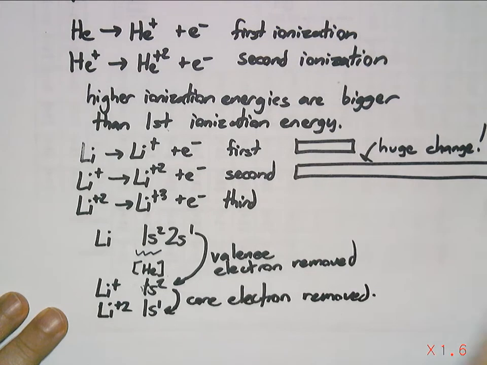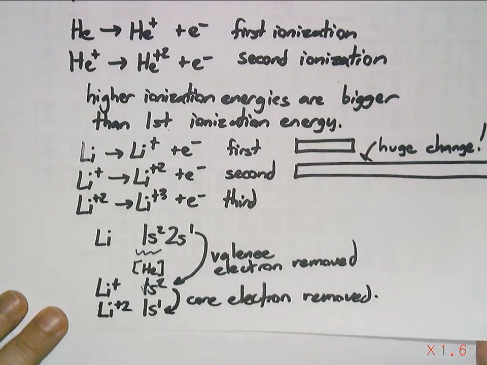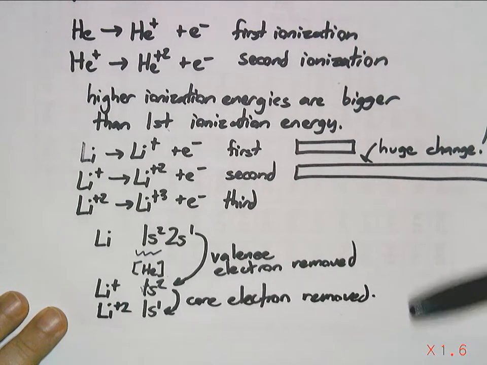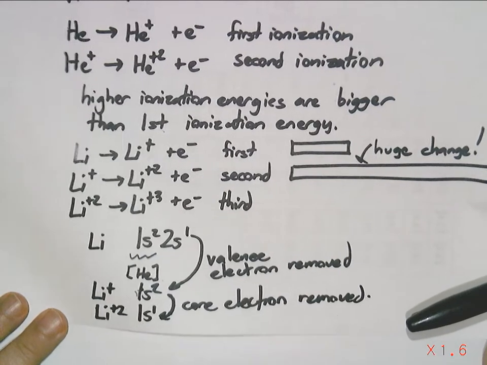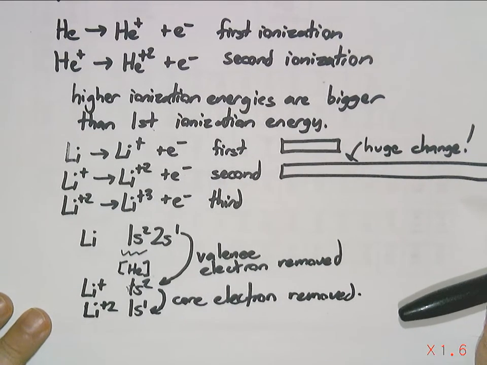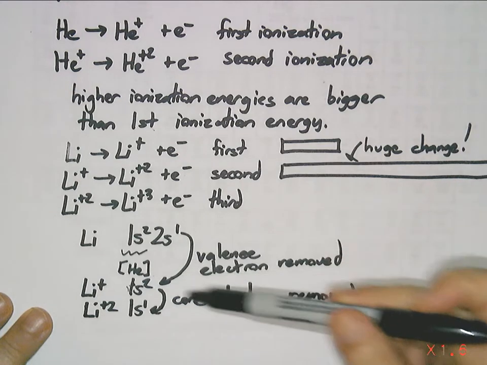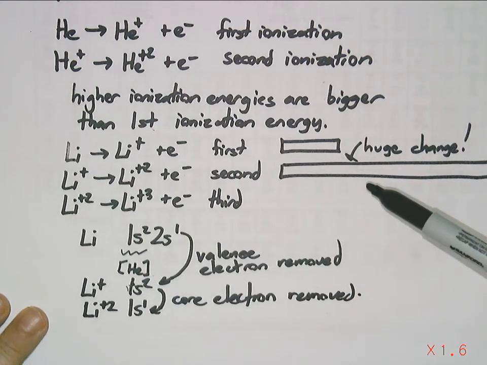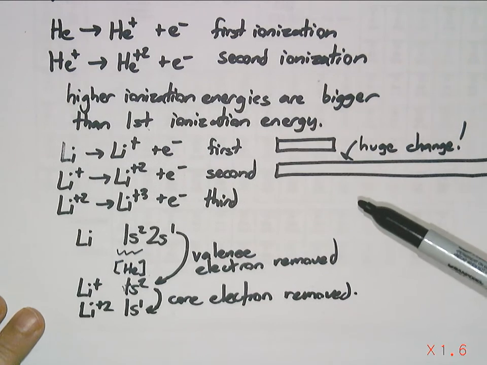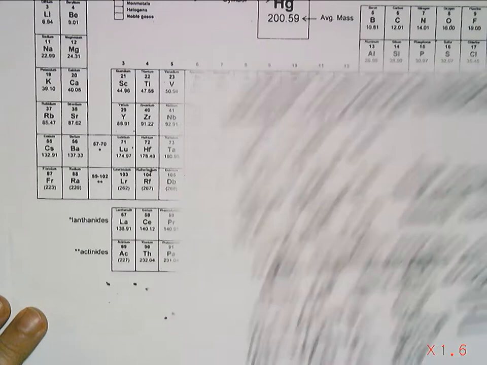Now, that explains what's going on up here. And it also gives us an experimental way to count how many valence electrons we've got. Because what we can do is pull the electrons off one at a time, and then when we see this huge jump in ionization energy, we know we've hit the core. Let's write that down, because that's important.